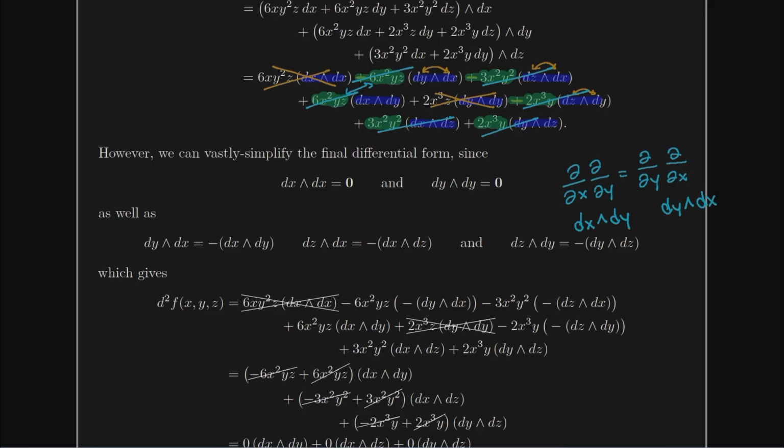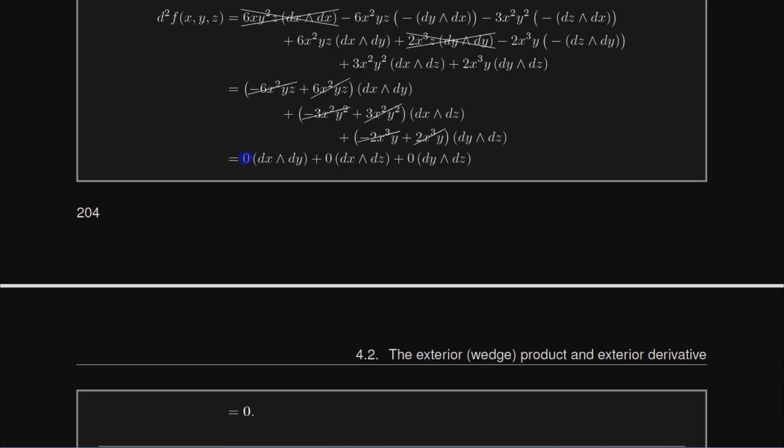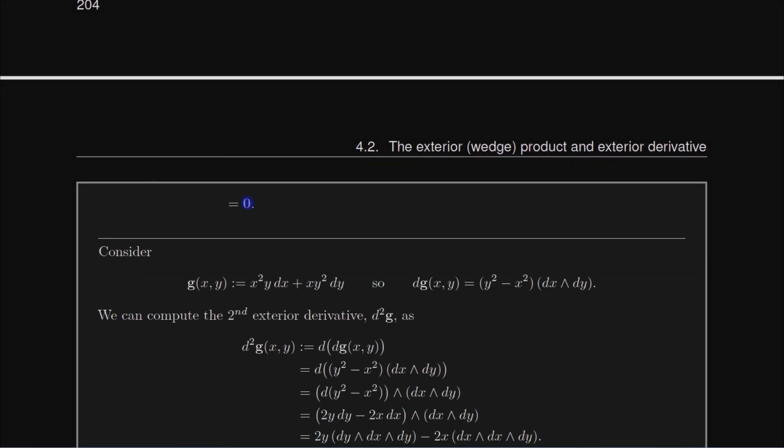And because flipping them around incurs only a minus sign, you're always going to end up with one positive version of this and one negative version of this in your second exterior derivative, meaning the second exterior derivative will always give you 0, 0, 0. It's always going to be equal to 0.